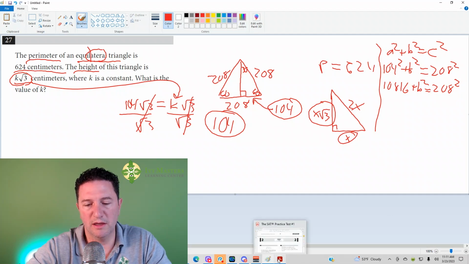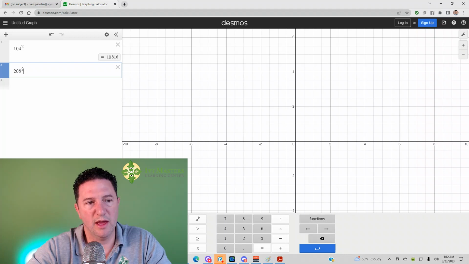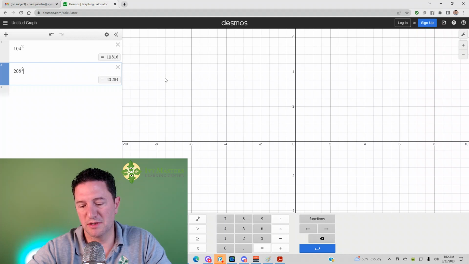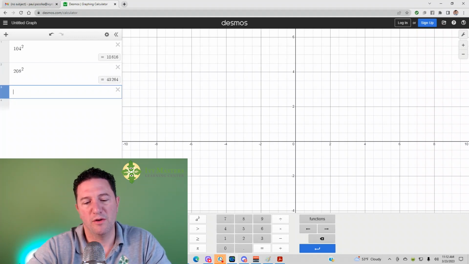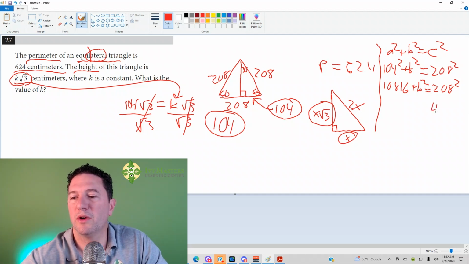So we go back in to our Desmos, and if we were to do 208 and then square that, we wind up with 43,264.